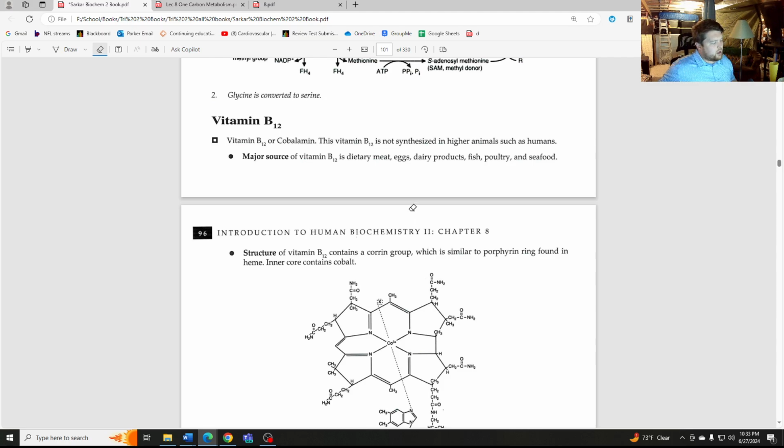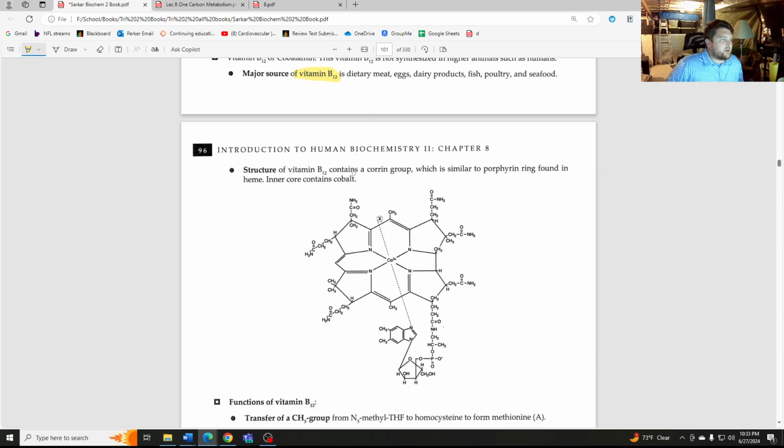Vitamin B12, or cobalamin, is not synthesized in higher animals such as humans, so the major source we get is dietary: meat, eggs, dairy, fish, poultry, seafood. All those animal structures have vitamin B12 in them. The structure of vitamin B12 contains a corrin group, which is similar to a porphyrin ring, which is found in heme.